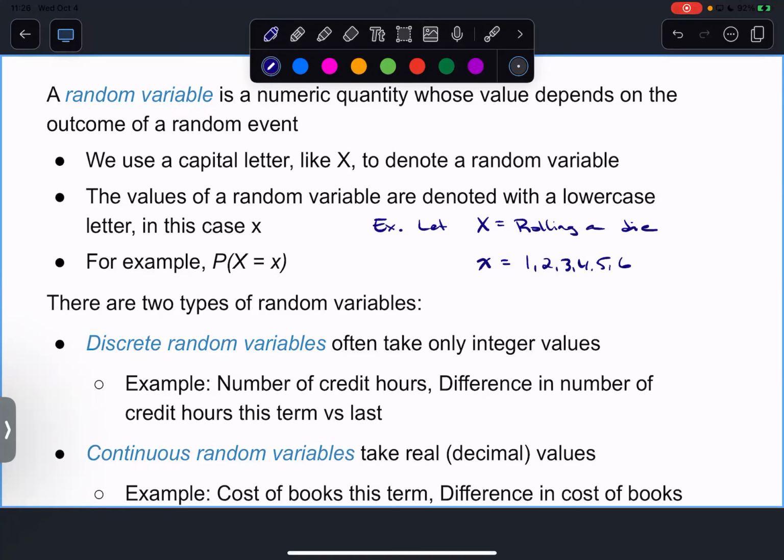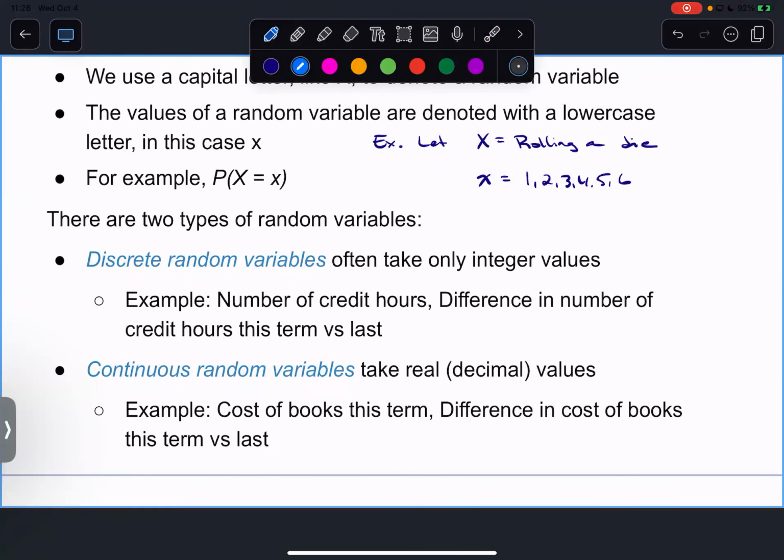We can also find, so then we use this capital X just generically, and then I can say the probability that X is 1, right, has some probability. So how we use this is the probability that X is equal to 1 is 1 in 6.